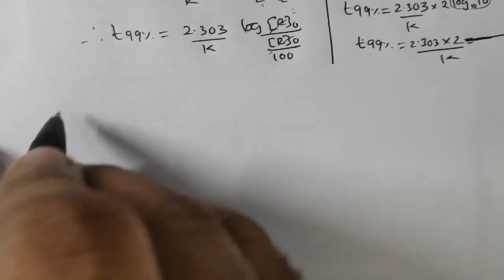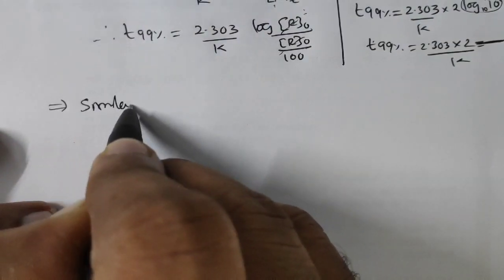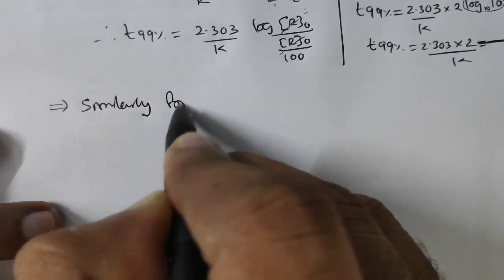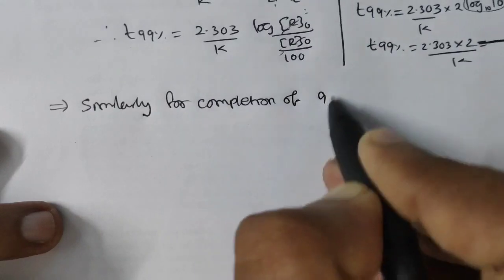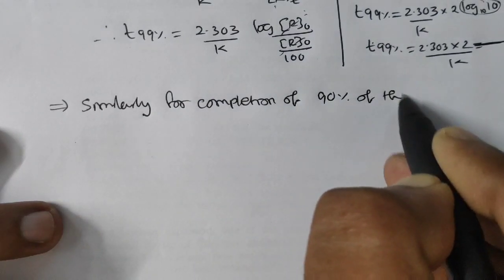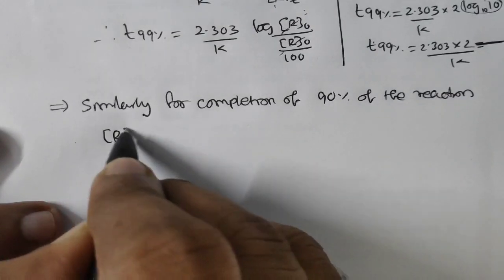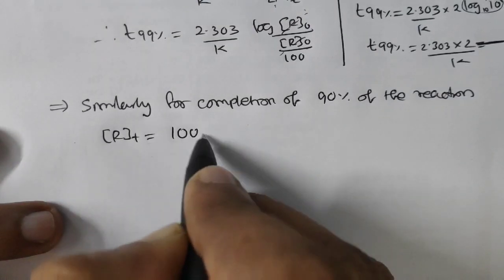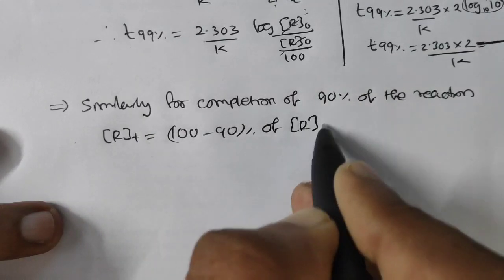Okay. Now, in the same way, for 90%. Similarly, for completion of 90% of the reaction, Rt is equal to 100 minus 90% of R0.